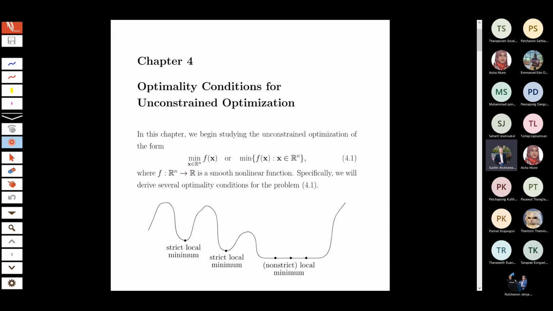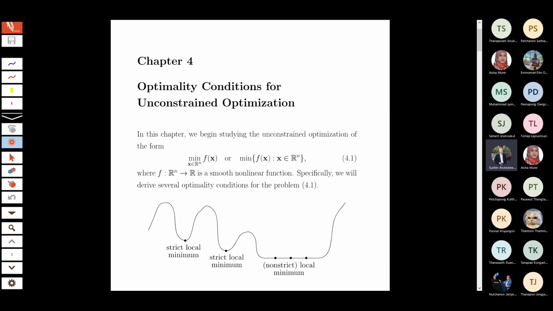There is also an alternative form to express the unconstrained optimization problem. And here we emphasize minimization.